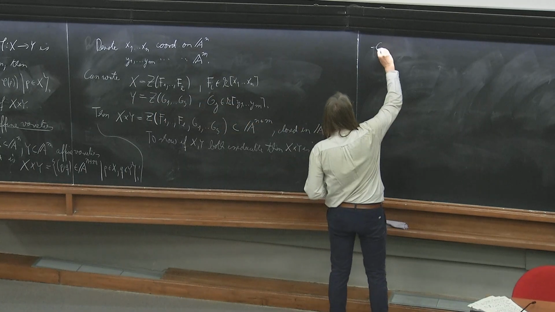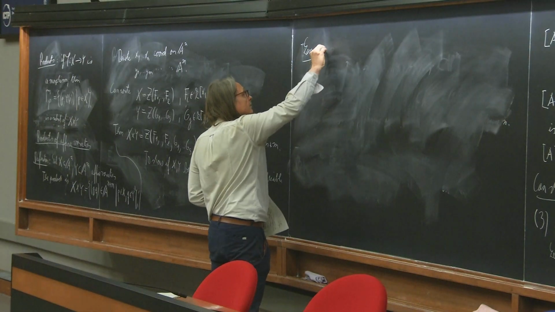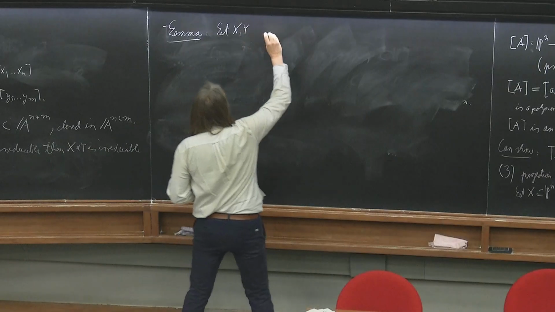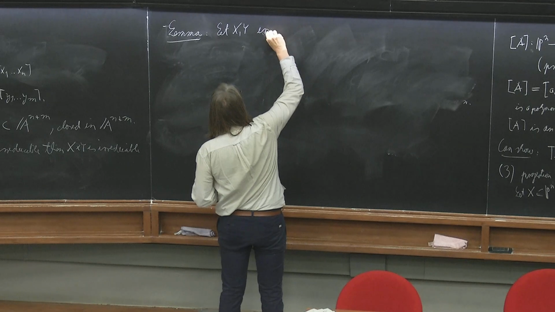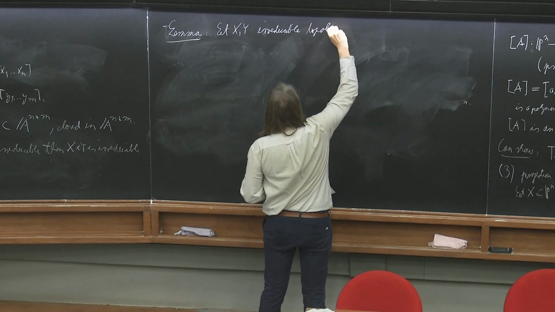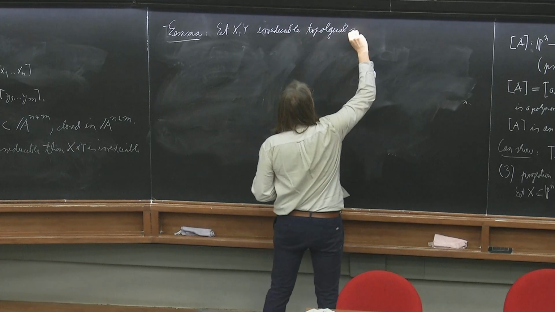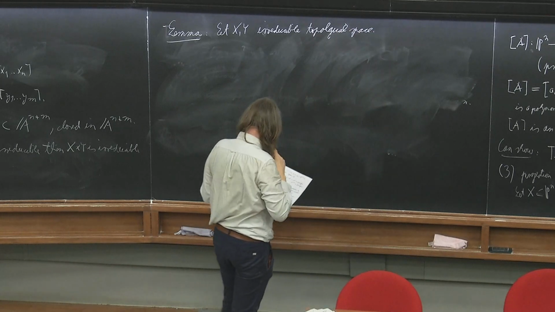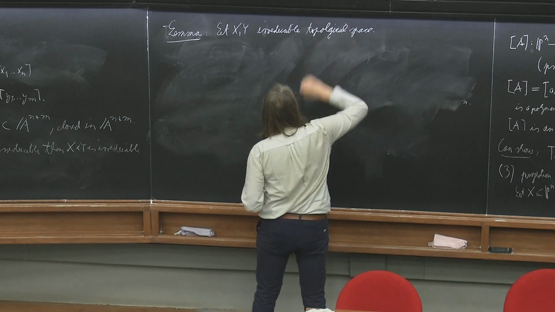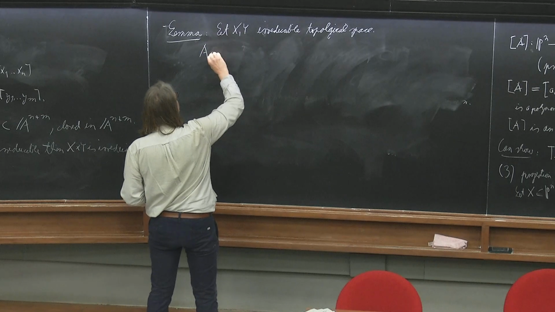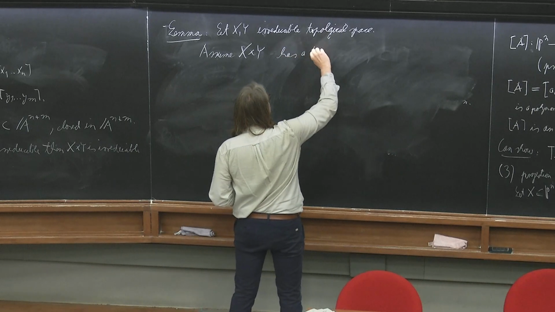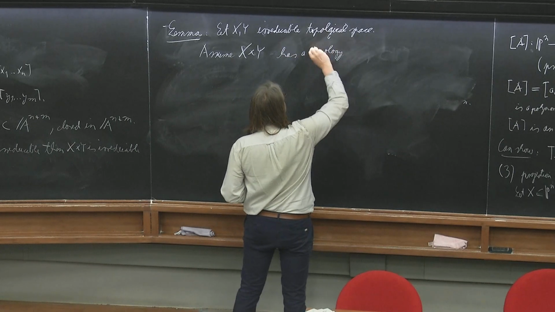And this is the statement that we prove, the following lemma. So let X and Y be two irreducible topological spaces. So assume that X times Y has a topology such that the following holds.